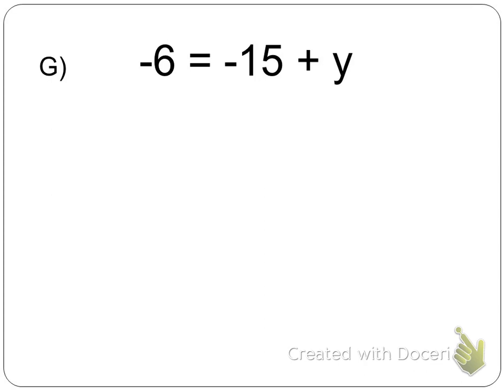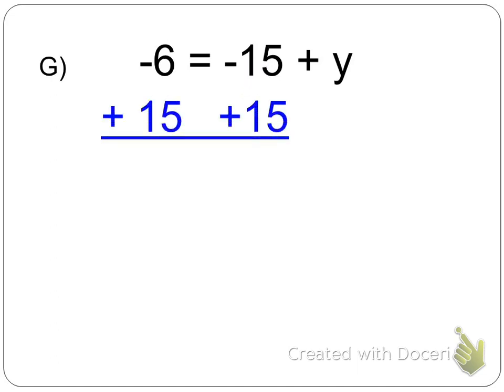All right, here's G. This one's a similar idea. We're adding negative 15. So how do you want to do adding a negative? Subtracting a negative, but minus a negative is plus, right?